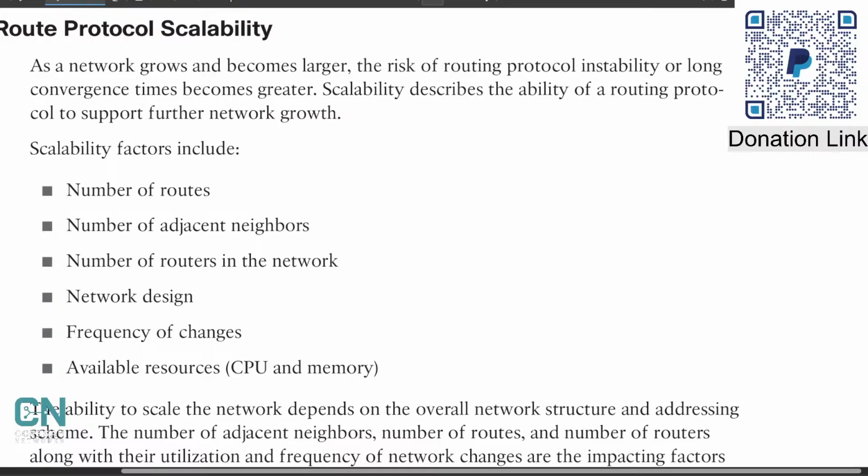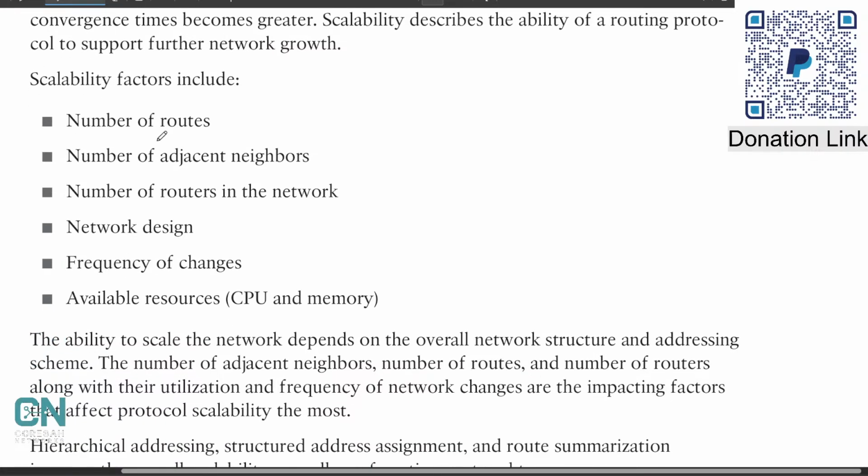Routing protocol scalability. As a network grows and becomes larger, the risk of routing protocol instability or long convergence time becomes greater. Scalability describes the ability of a routing protocol to support further network growth.